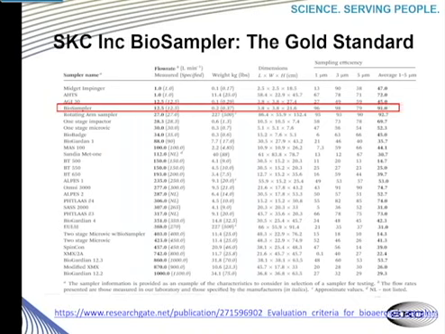This chart shows the 29 samplers that they tested and their respective sampling efficiency. Based on the data, the biosampler is one of the samplers with a high collection efficiency. Many researchers have used the biosampler as comparison with other samplers. Their data suggests that the biosampler is the gold standard related to bioaerosol sampling, and you will see the link in that slide if you would like to look at the whole paper.